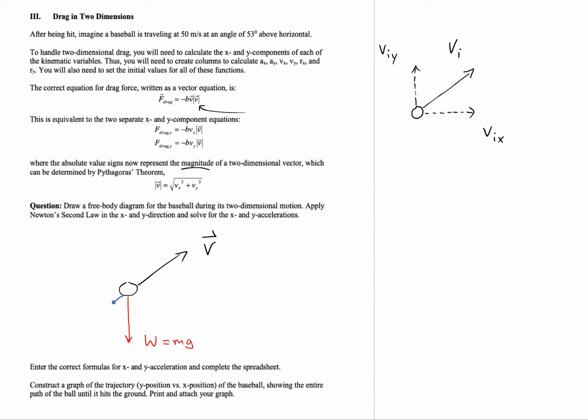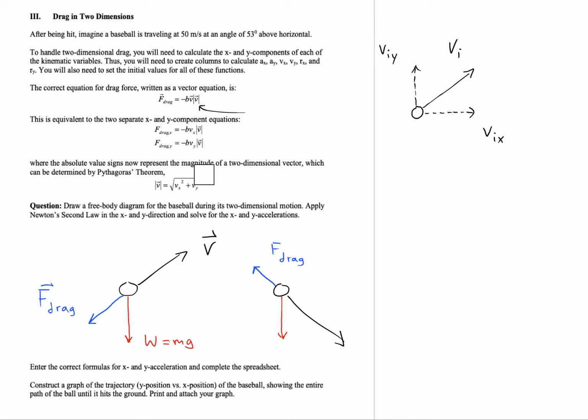But the drag force is directed opposite the velocity always. So if the projectile is on its way up, we'll have our drag being 180 degrees opposite the velocity. And if our ball is headed down, the weight will still be directed down, but the drag force will now be this way.